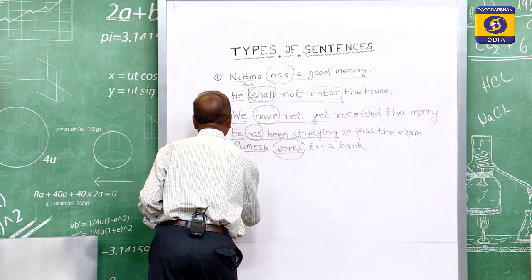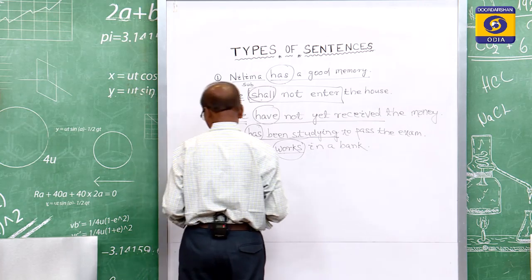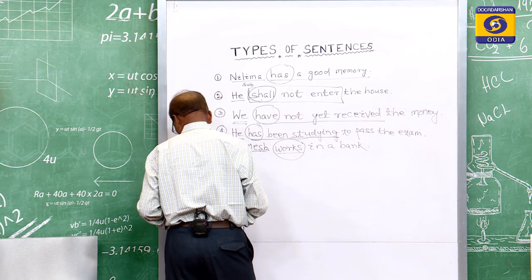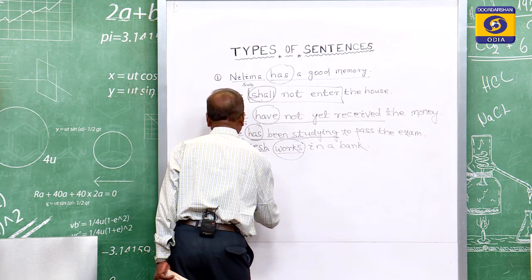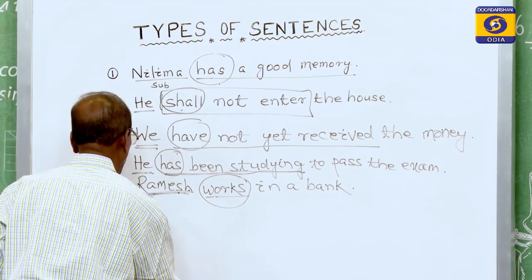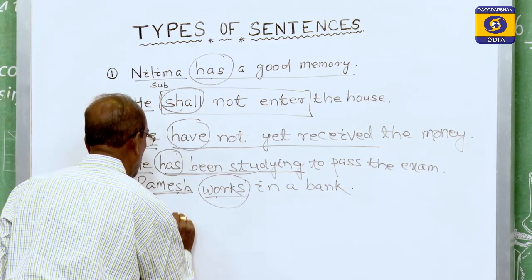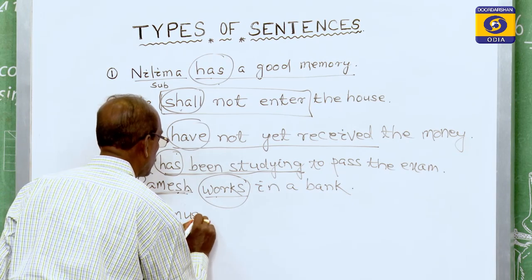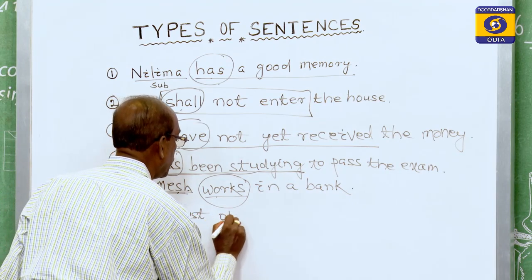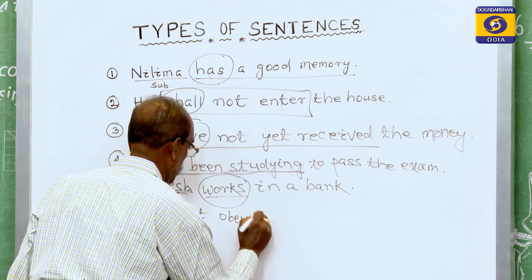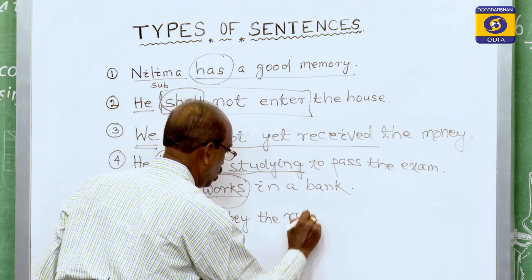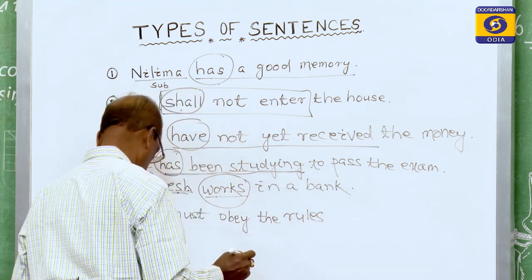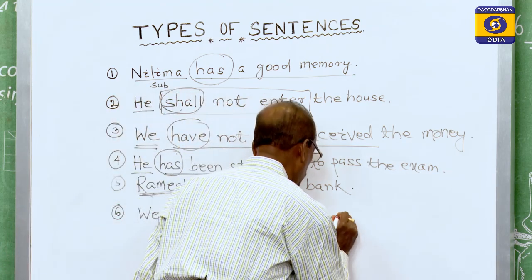And the number 6 or the last one of activity 1, we must obey the rules of the road.